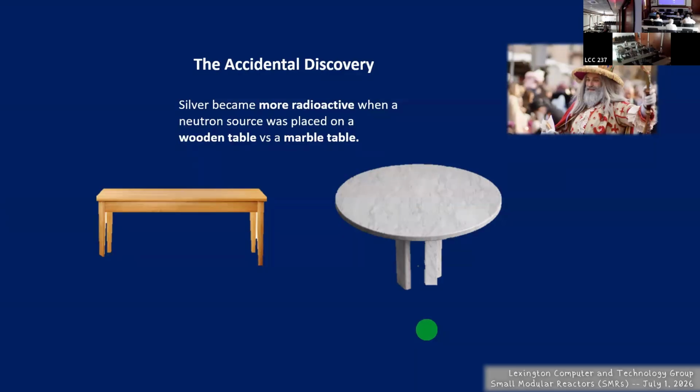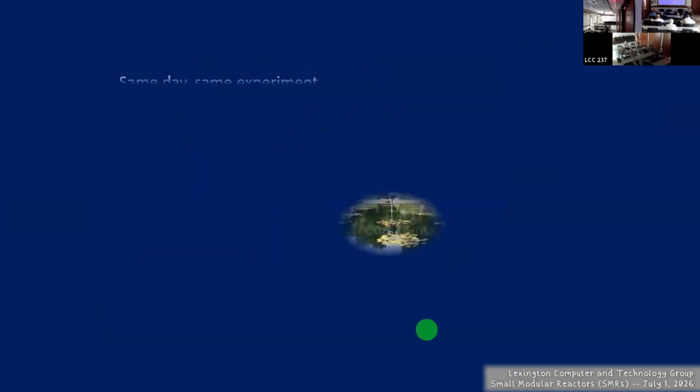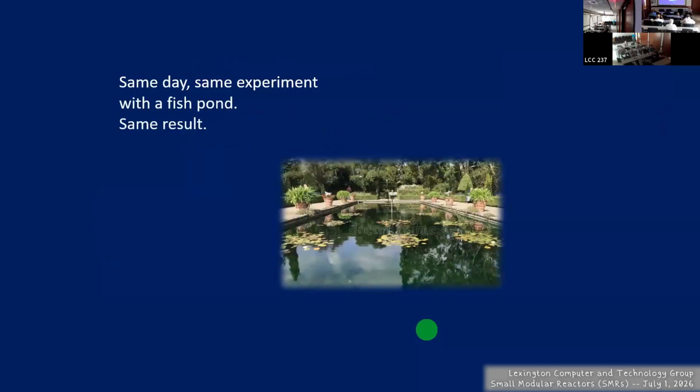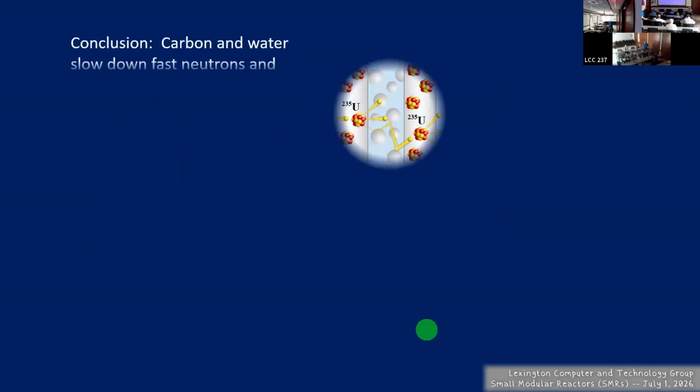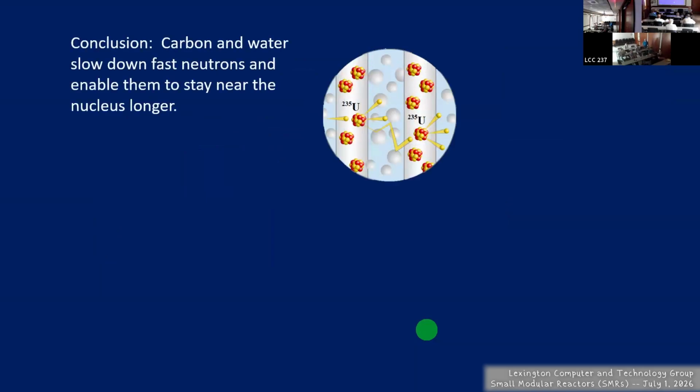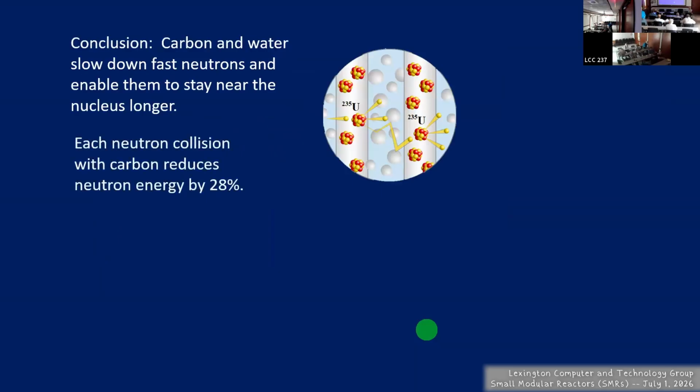And he went outside the very same day he found this phenomenon to a pool on the grounds. And he put the silver underwater and bombarded it with neutrons. And again, it became more radioactive than it was up in the air. And ultimately, he came to the conclusion that carbon and water slowed down fast neutrons, enabled them to stay near the nucleus longer.